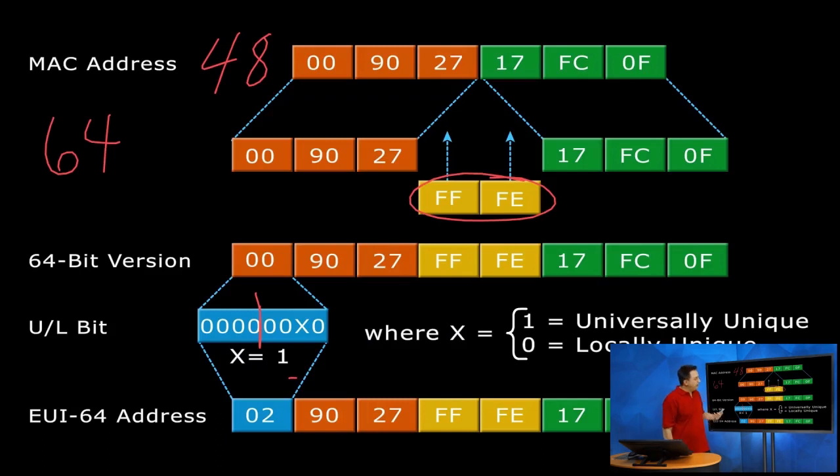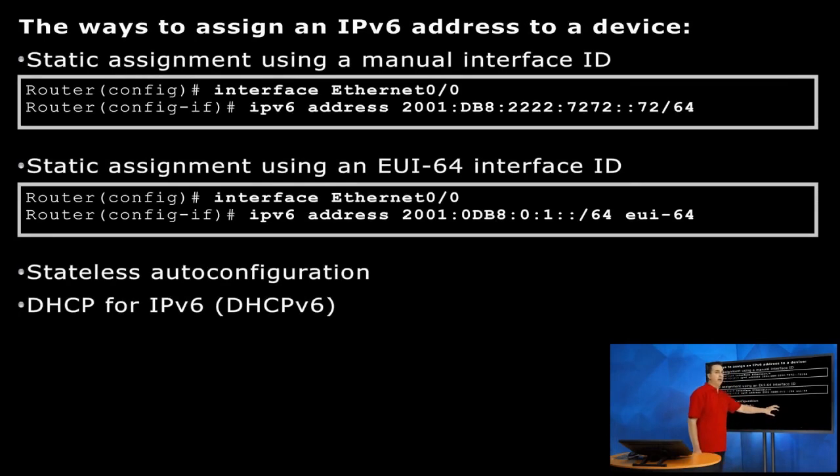So as a result of this flipping, you end up with a total interface portion now of 0290:27FF:FE17:FC0F. So that is how the router now says, all right, so what is my address? My address is going to be a combination of this plus that EUI-64 process of taking the MAC address of Ethernet 0/0, filling the field with fluff every time and flipping the 7th bit from the left.